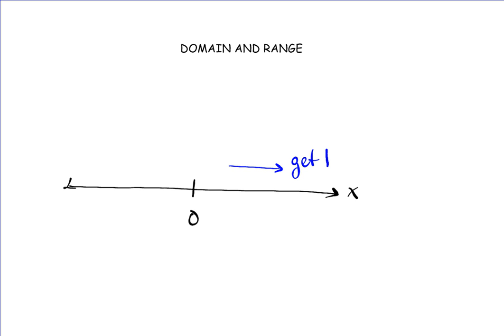Before we get started, I want to talk about a number line. We have a horizontal number line called the x-axis. Somewhere in the middle is the number 0. We don't always graph it, but it's there. As we move to the right, our numbers are getting bigger, and as we move to the left, our numbers get smaller.